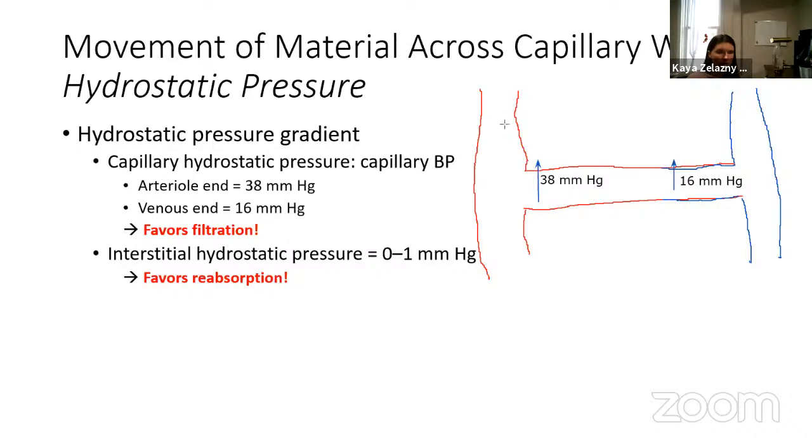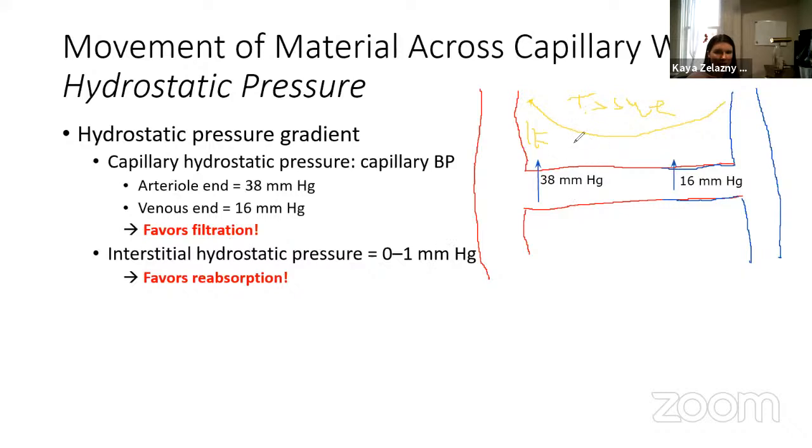Now, we're also thinking about our interstitial fluid, right? So here's our tissue. Oh gosh. Okay. And here is our interstitial fluid, this space between. Okay. So the interstitial fluid here also has a hydrostatic pressure.